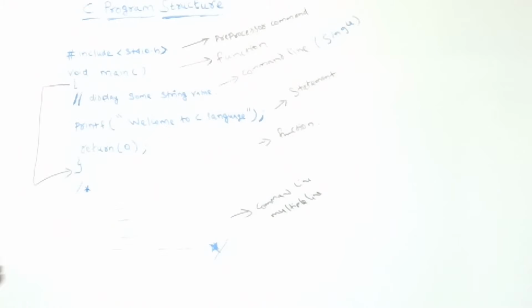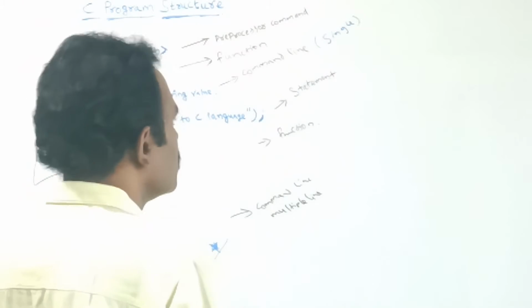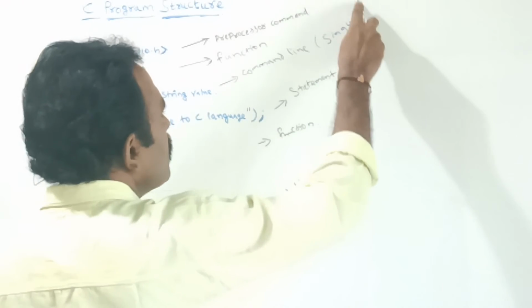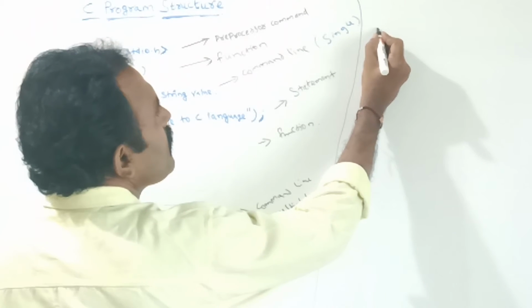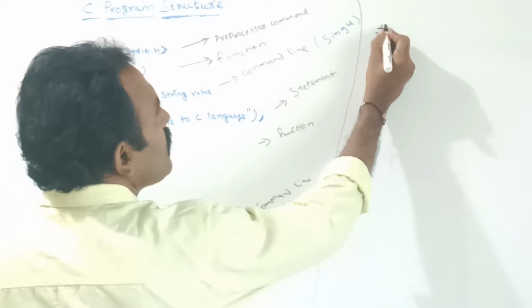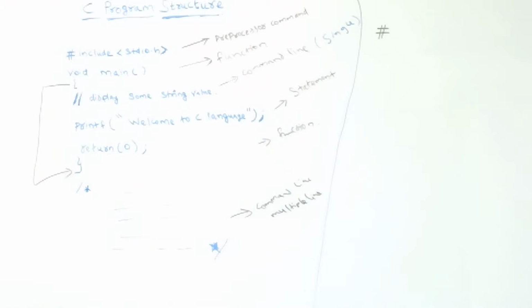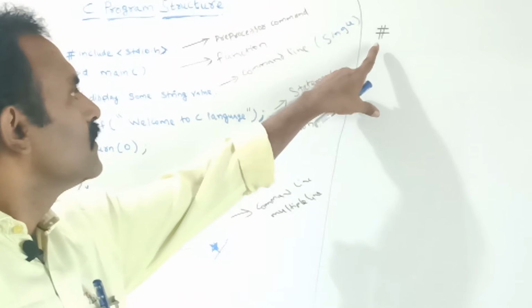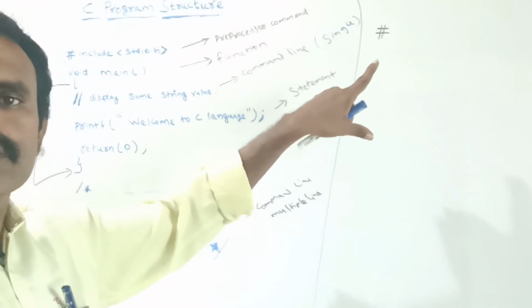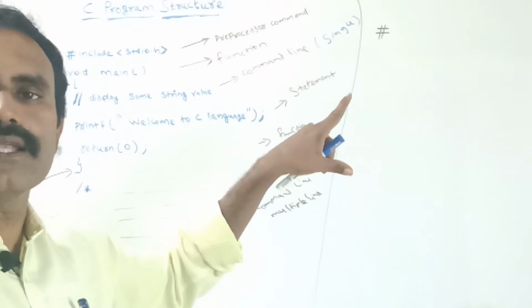Let us see first one, the preprocessor command. In the preprocessor command, it is defined with the hash symbol, that is the number symbol. The preprocessor we should compulsorily include in the first line of each and every C program.